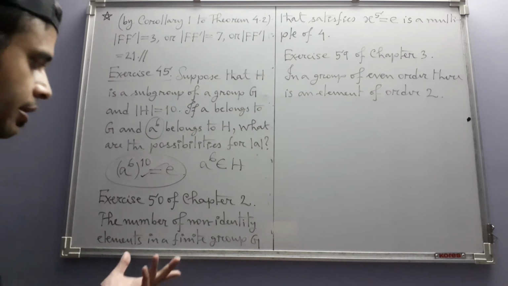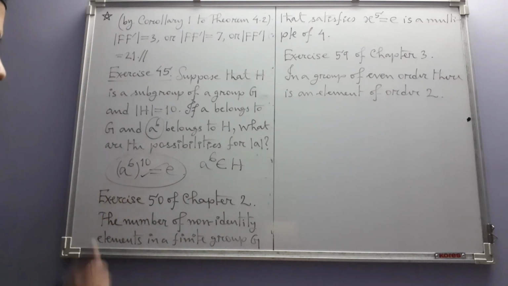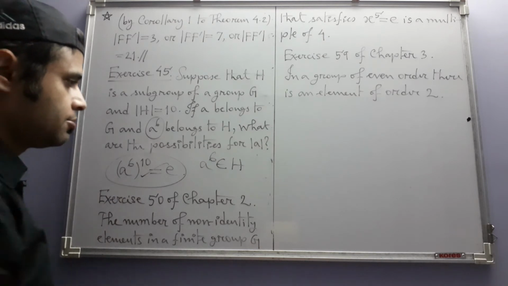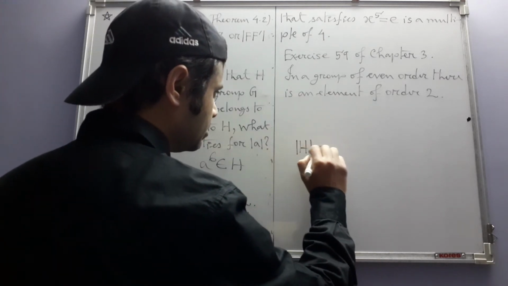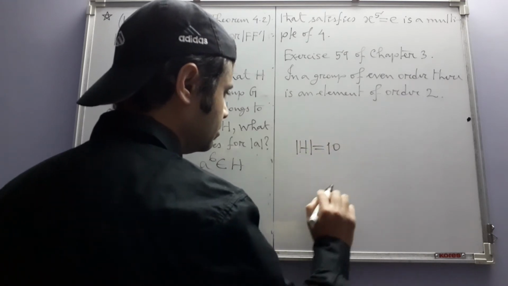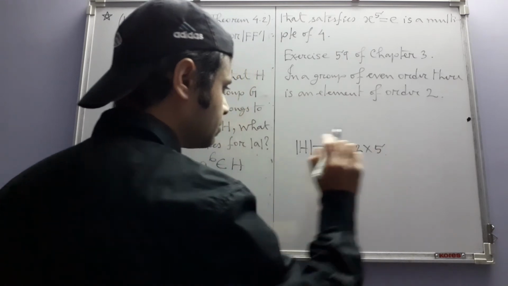Why do I feel that these two exercises will be of use in showing this? It's because you see, the order of H is 10, which is 2 times 5.